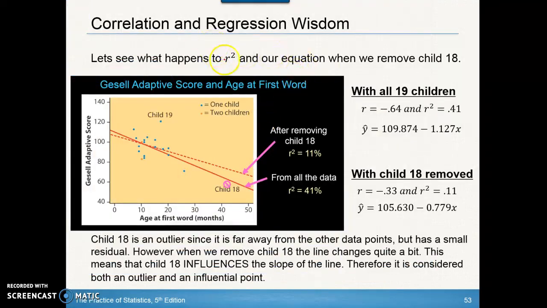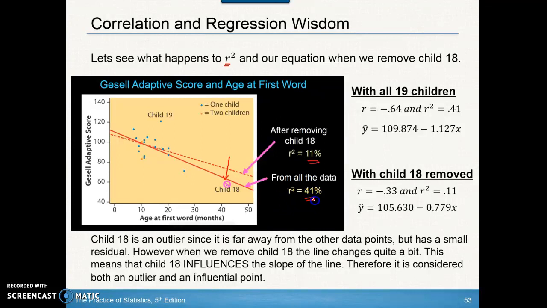Now, let's see what happens to r squared in our equation if we remove child 18. So here's child 18 right here, okay? If we remove it, the r squared value is going to be 11%. Now, take a look at what the data is with all of it.